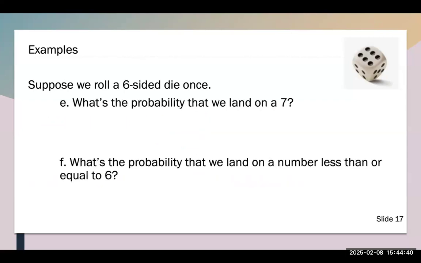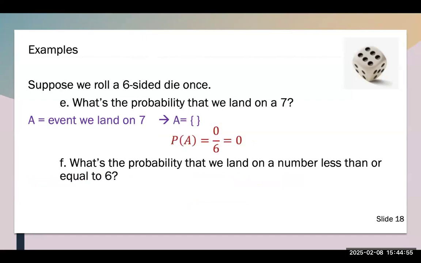Now, what's the probability we land on a 7? In this event, landing on a 7, that's impossible. So there's no numbers in the sample space that are 7. So this event has no numbers in it. And so the probability is 0.